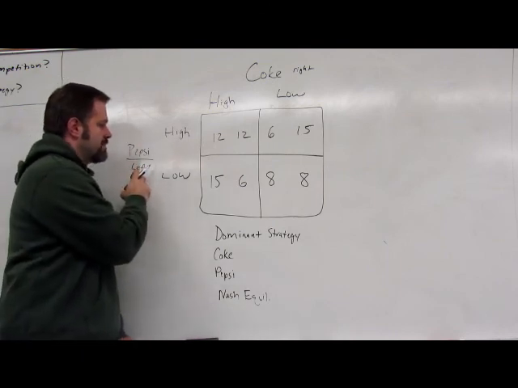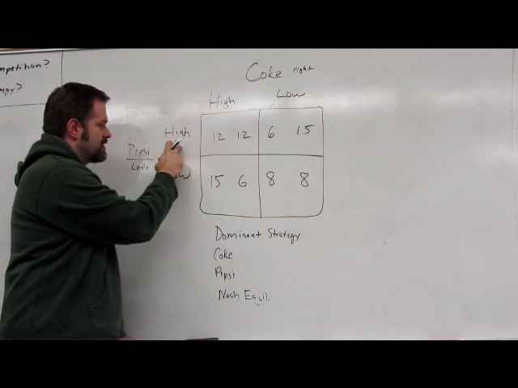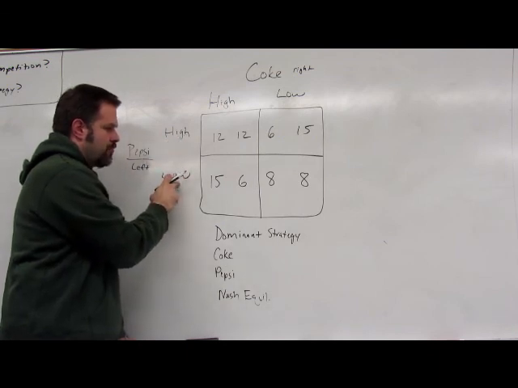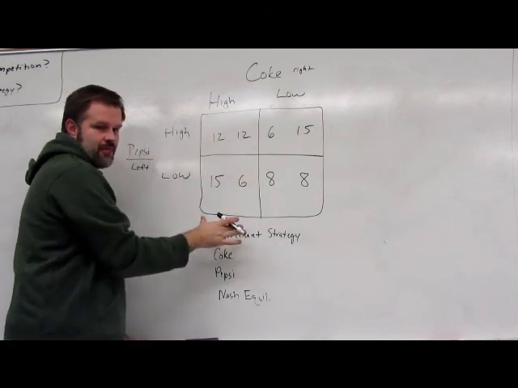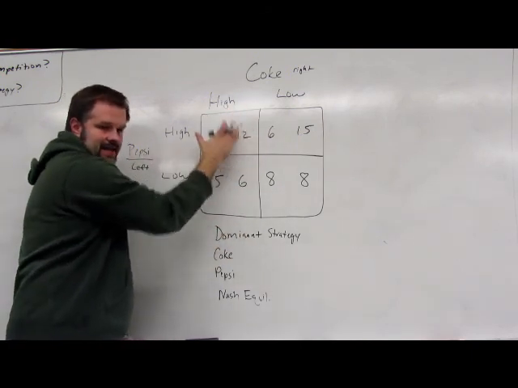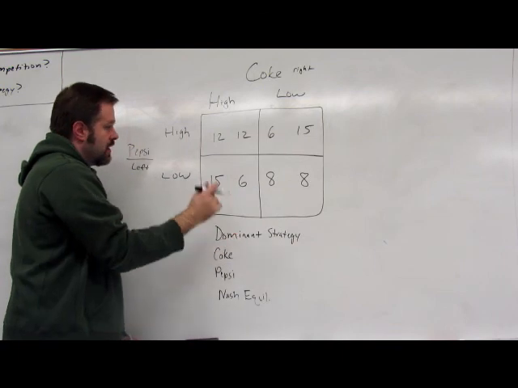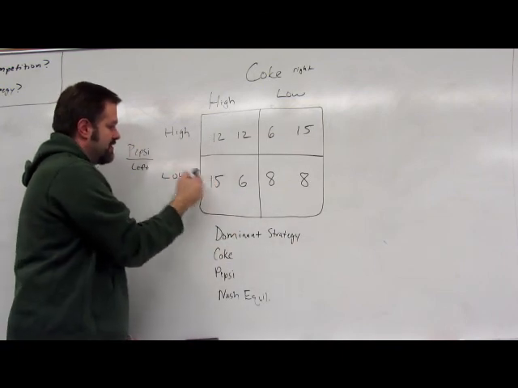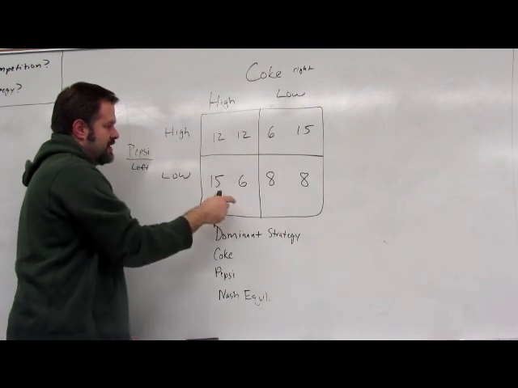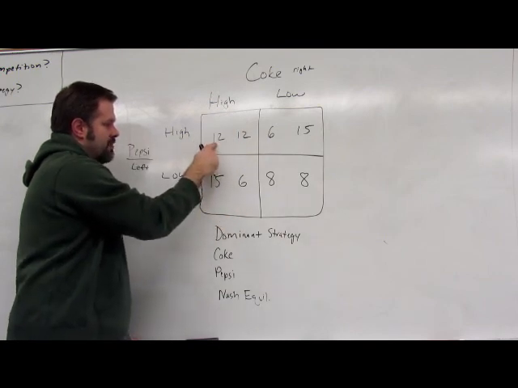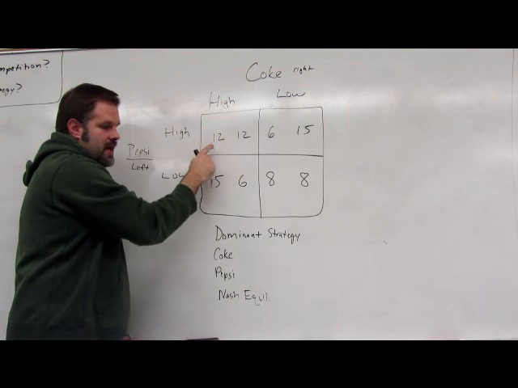We're going to look at Pepsi first, and we're going to say, what is Pepsi going to do? Are they going to charge a high price or a low price when Coke is charging a high price? So we're just looking at the left column first. Remember, the numbers on the left deal with Pepsi. So if Coke charges a high price and Pepsi goes with a high price, they'll make 12.